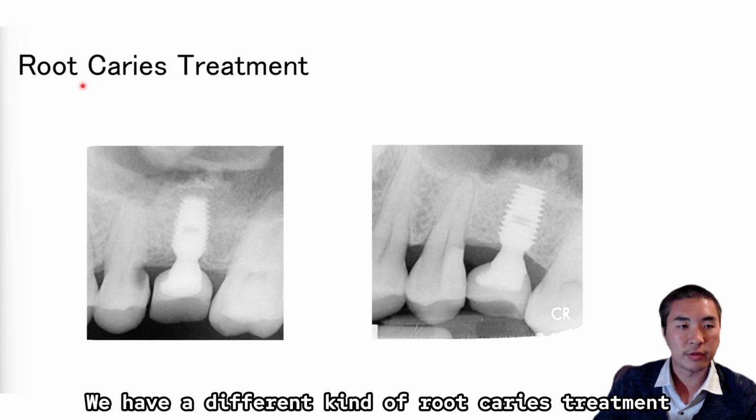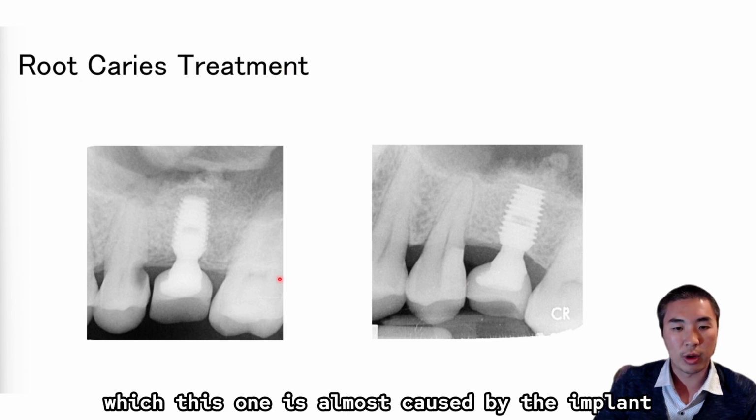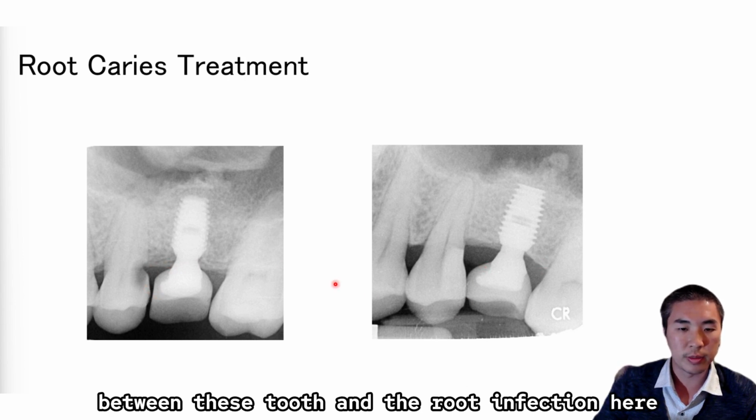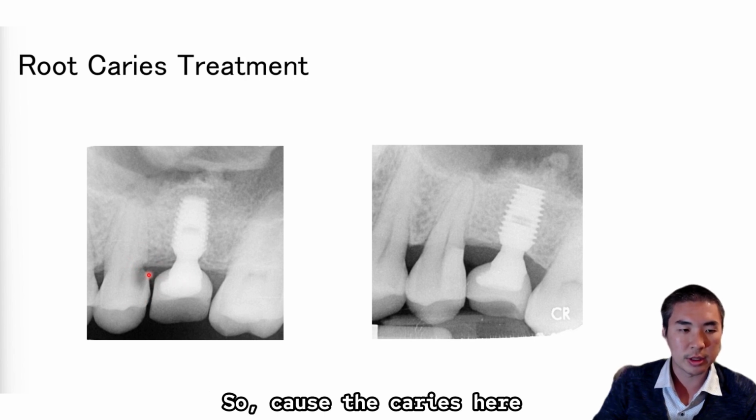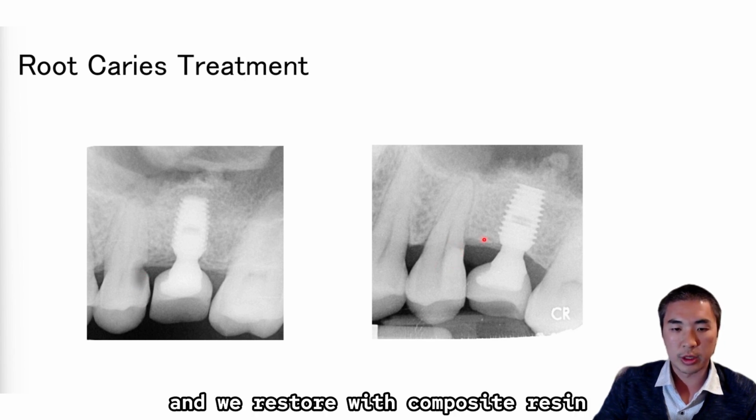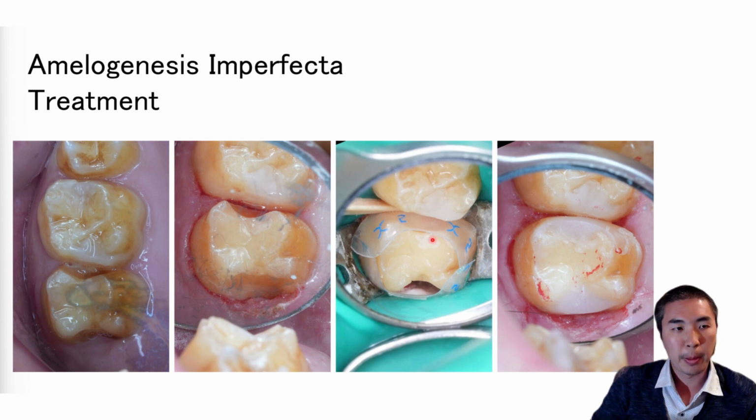Also, we have a different kind of root caries treatment, which this one is caused by the impaction of food between these teeth, so it causes caries here, and we restore it with composite resin.